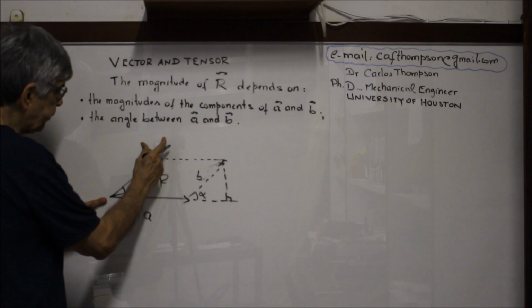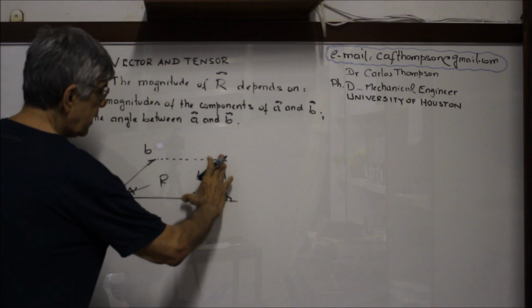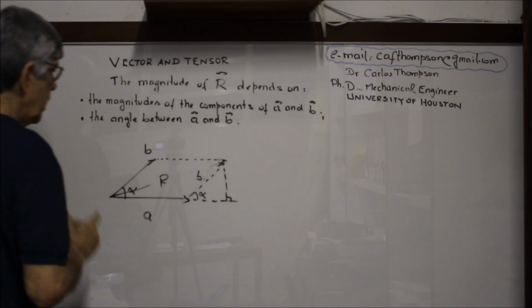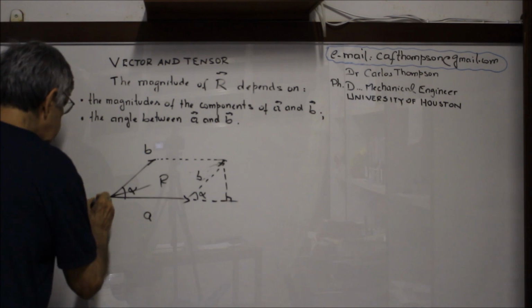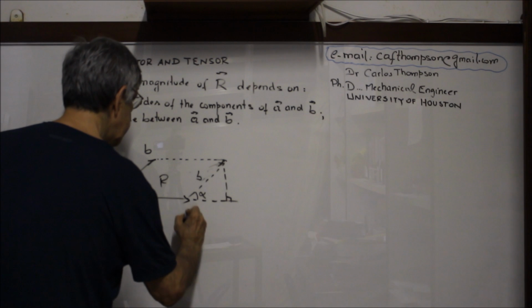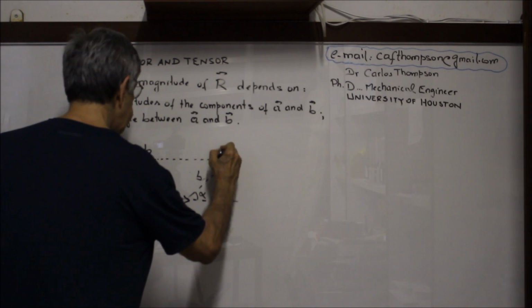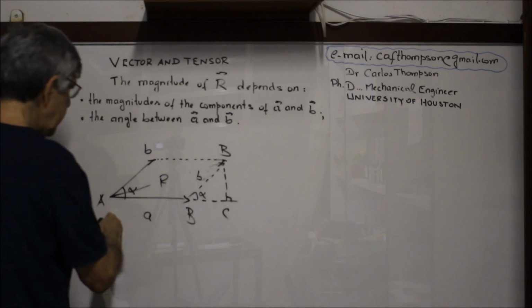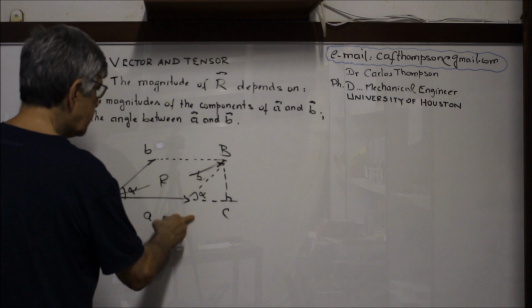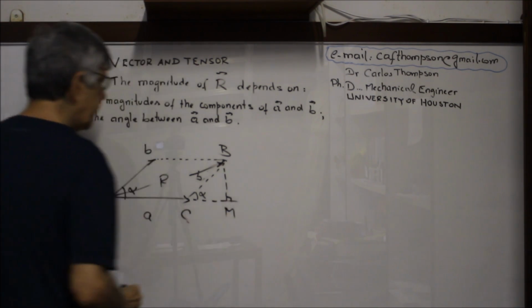The direction of this B is the same as this one, so this is B and this is B. Now, let's put big letters here: A, B, C, and M.